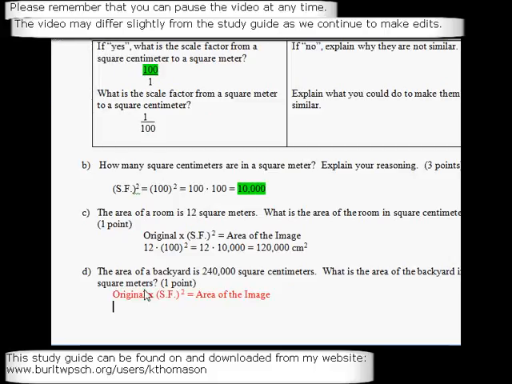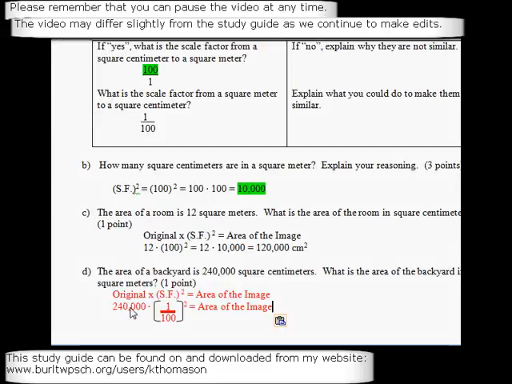Alright, so we have the original times the scale factor squared is the area of the image. So now the original is 240,000. And the scale factor squared, this time the scale factor, instead of being 100, is 1 over 100.